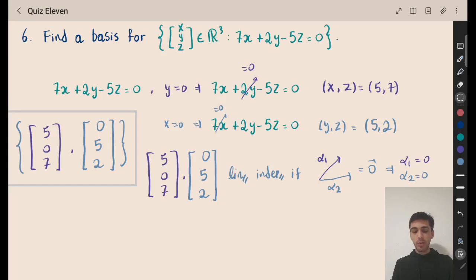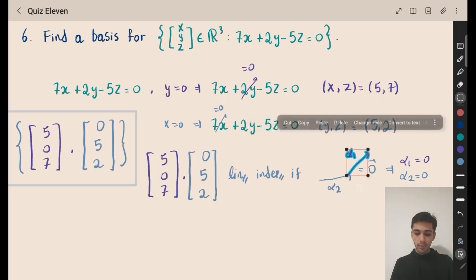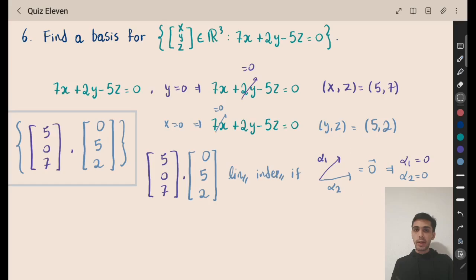Let me make this more precise. So the only way I can add and scale these vectors to get a 0 is by shrinking this all the way to 0 and shrinking that all the way to 0. So this way I would reach my 0 vector here. This is simply saying that these two vectors will not cancel each other out.